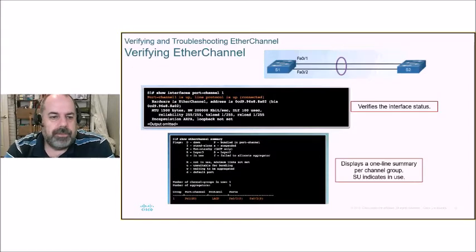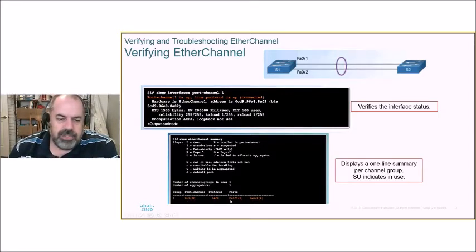Once you've got it all configured, you can do show interfaces port-channel 1, and it will show you information about it. Or you can do show etherchannel summary, and it will tell you what ports are in it. As you can see, there's port-channel 1, and there's FastEthernet 0/1 and 0/2 in there. It tells you that LACP is the protocol. And then S and U, you have to look up here to see what that is.